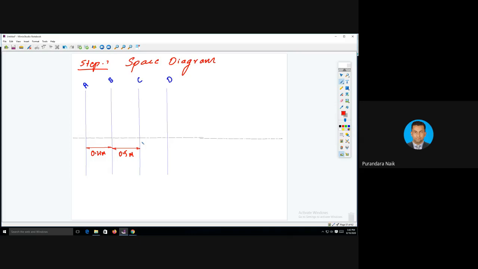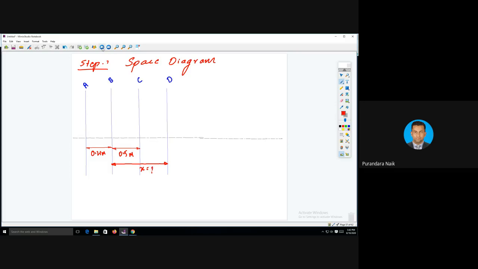Now we need to find out the distance between B to D. So which distance we need to find out? B to D. So let us take this as x is equal to what? That is the question.